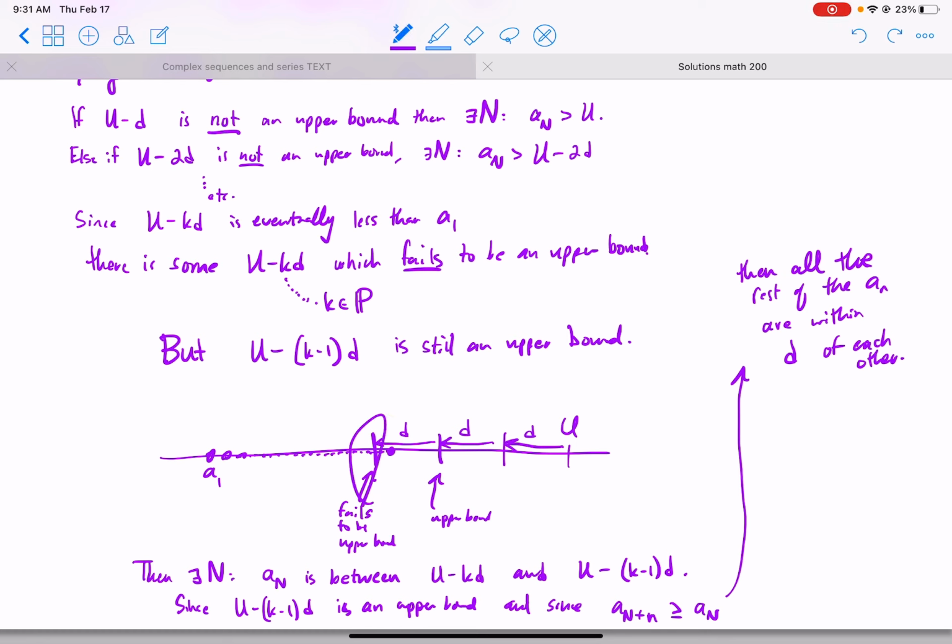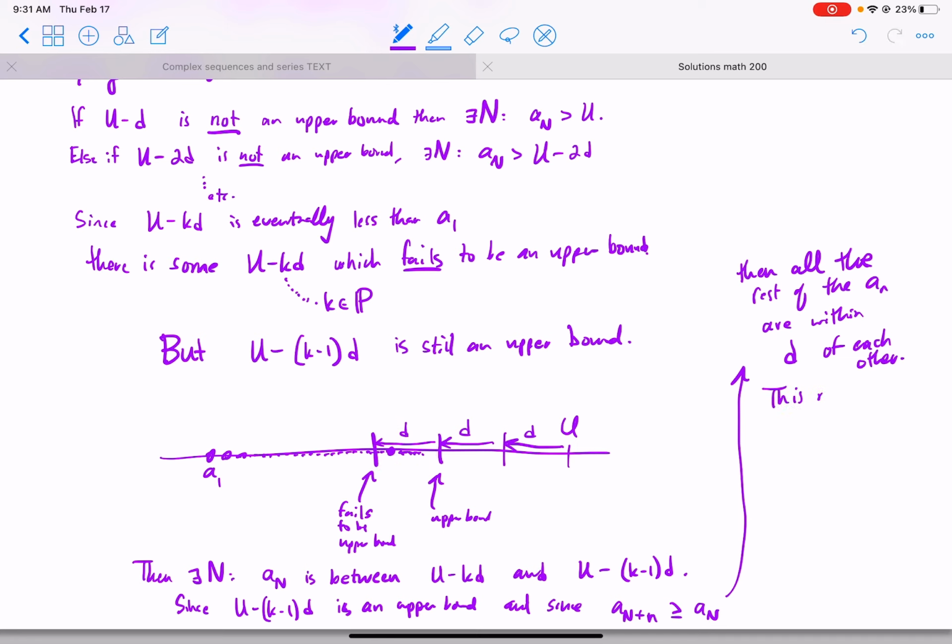Because this fails to be an upper bound, so there is something in here. But then it's monotone increasing, so everything else past that has to be greater. But this was still an upper bound, so it can't be over here. So they all have to be here.